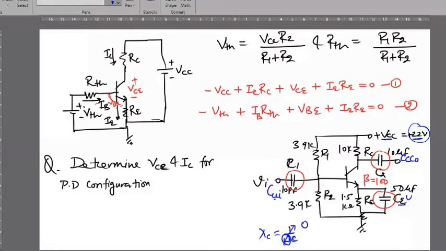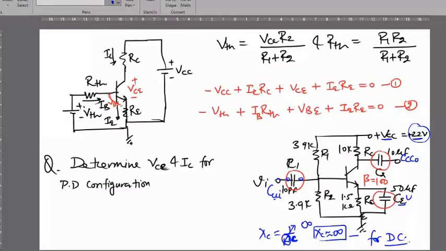So all the capacitances behave as open circuits for DC analysis. In that case, we can remove these capacitors simply, and we directly collect output here and directly apply input here.